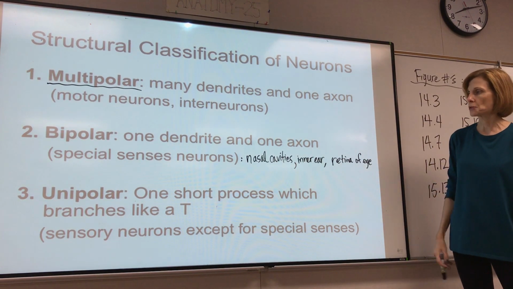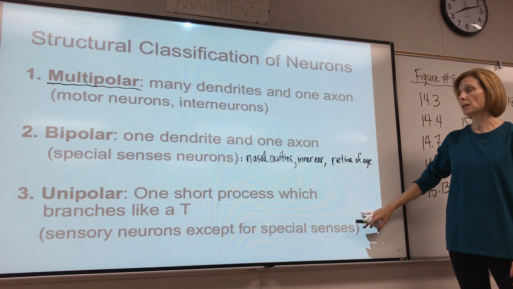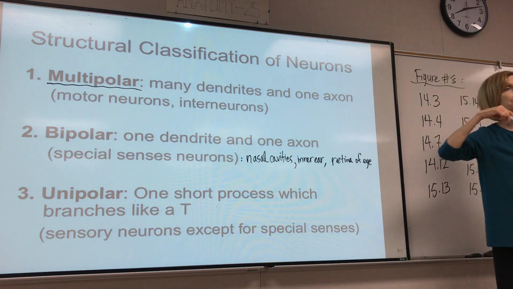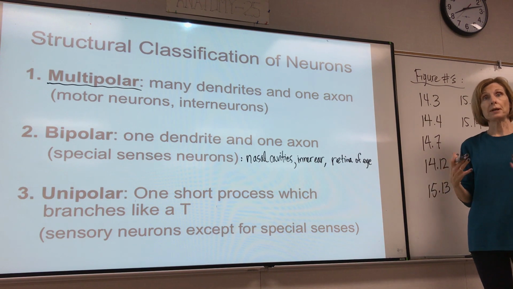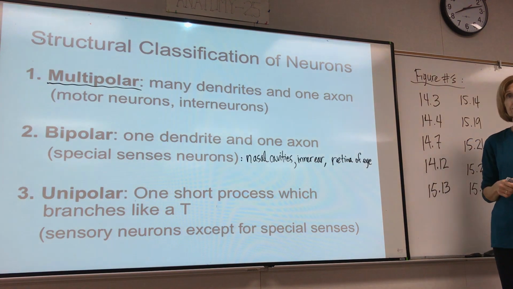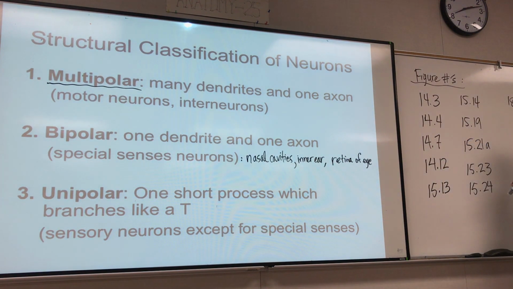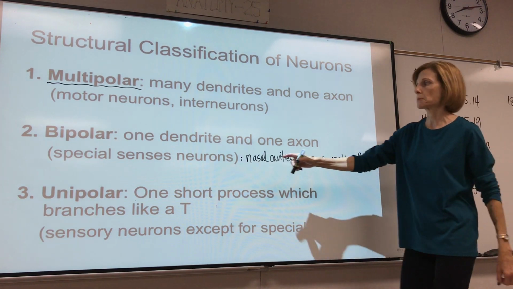So we'll take a look at these in just a second. So these would be all of the rest of our sensory neurons. Sensory neurons that carry things like touch, pressure, pain, temperature, all of those other types of sensations besides the special senses.